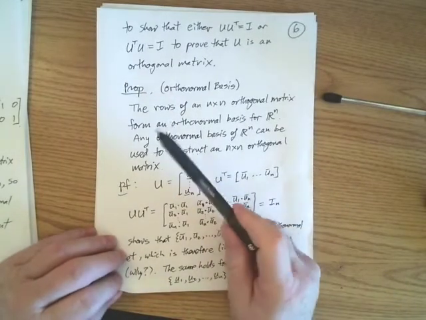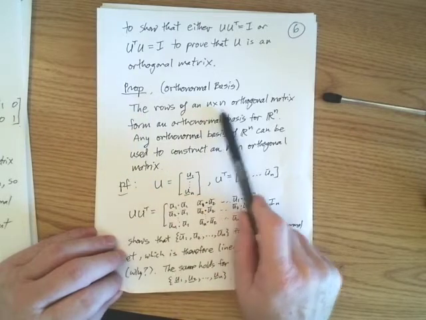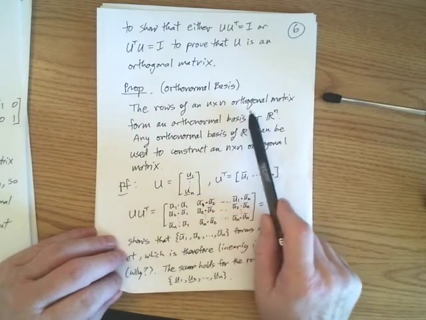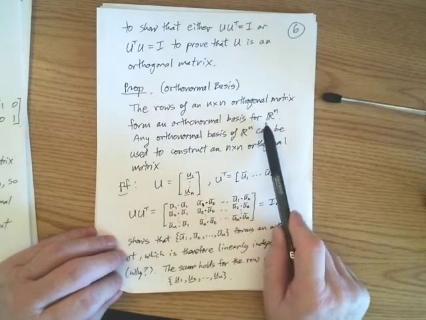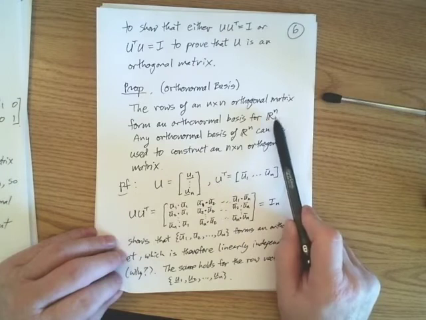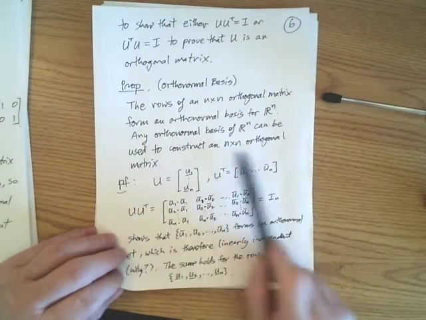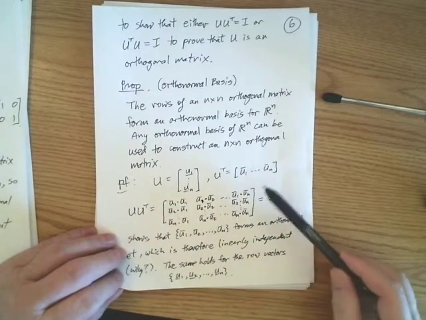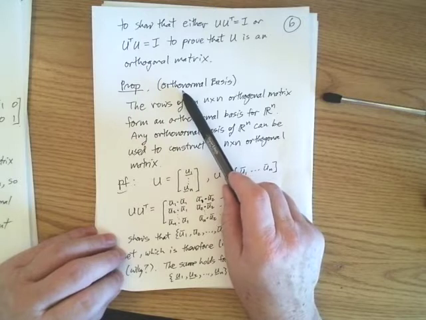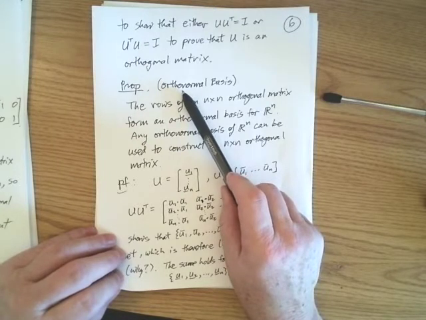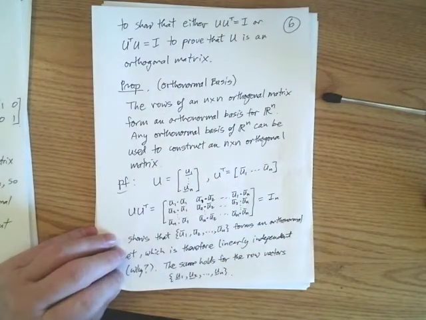We just have one more page. Here's something to remember: the rows of an n by n orthogonal matrix form an orthonormal basis for Rn. These are actually row vectors here. Any orthonormal basis of Rn can be used to construct an n by n orthogonal matrix. So there's a close tie-in between sets of orthonormal vectors and orthonormal bases or orthonormal matrices.